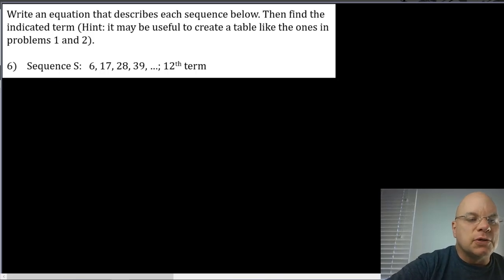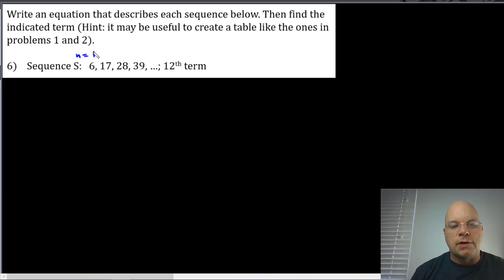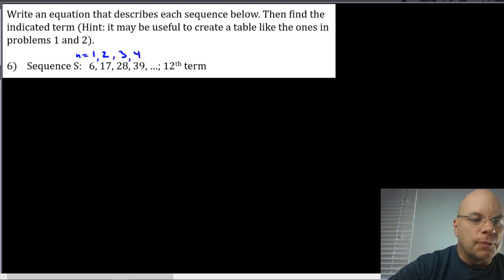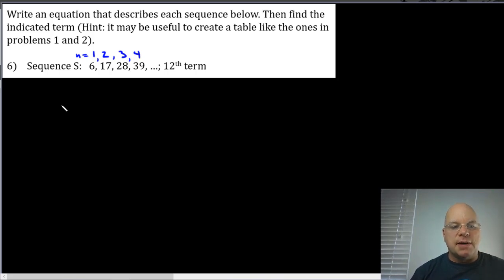If it helps you, understand that this is the first term in the sequence, so n equals 1 for this term, 2 for this term because it's the second number, 3 for this term, 4 for this term. Or if tables really help you, you could make a table to make it more like the other problems.